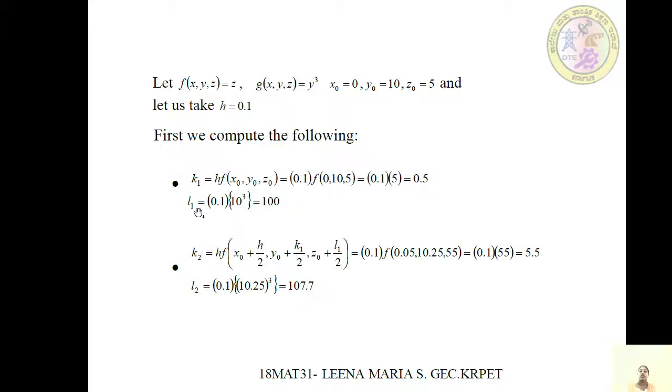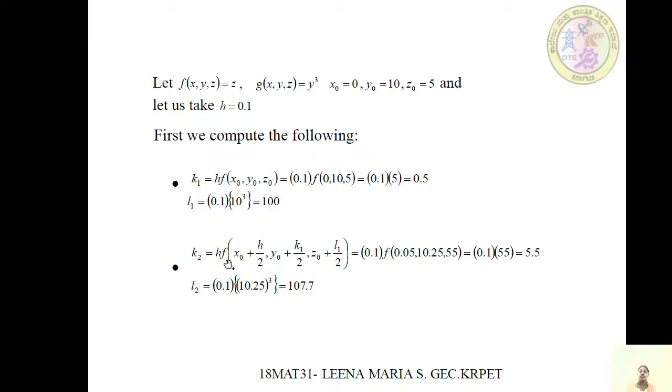L1, again looking at the second function, is 0.1 times y cube, where y is 10. 10 cube into 0.1 is 100. We get the values for K1 and L1. Similarly, K2.